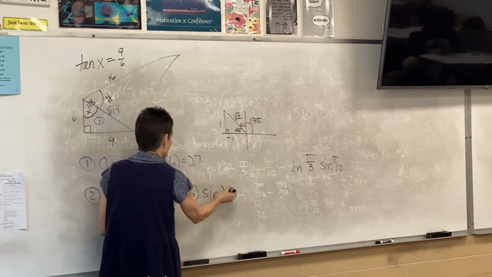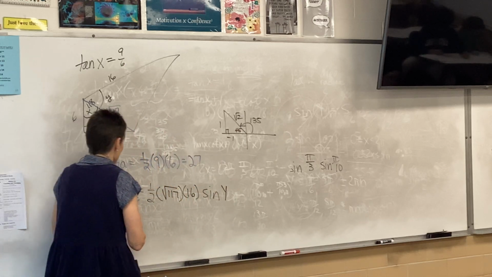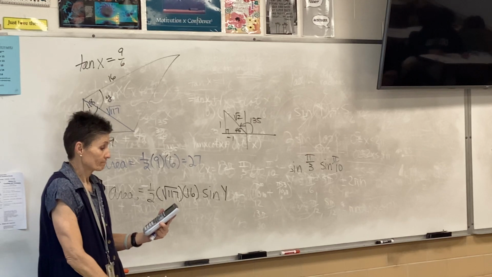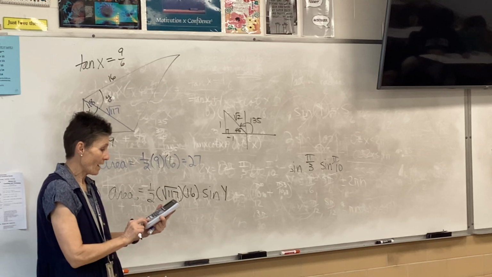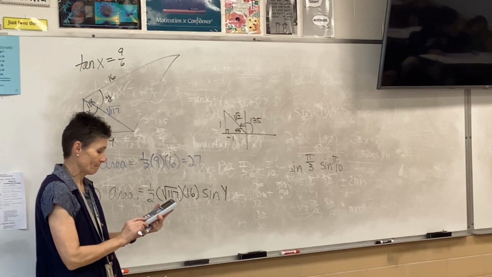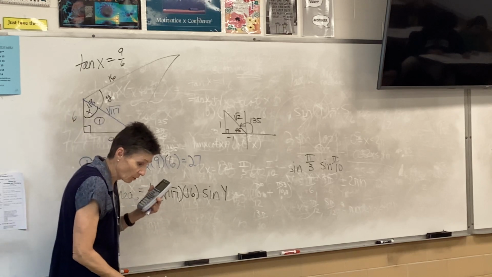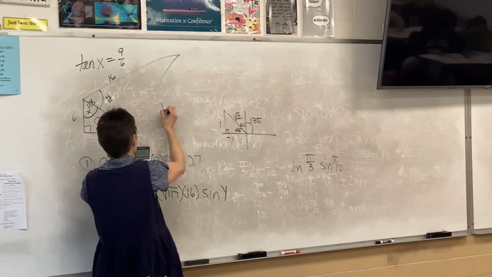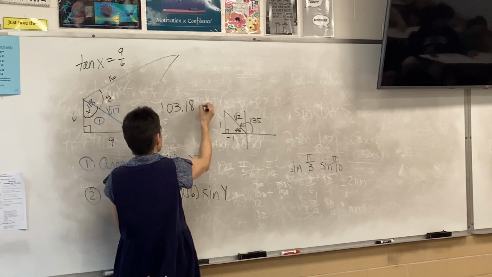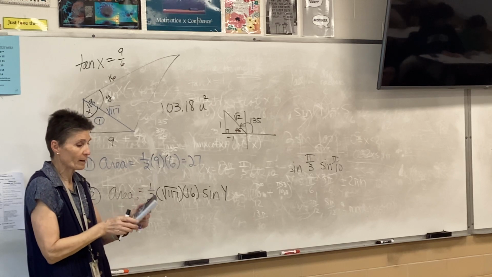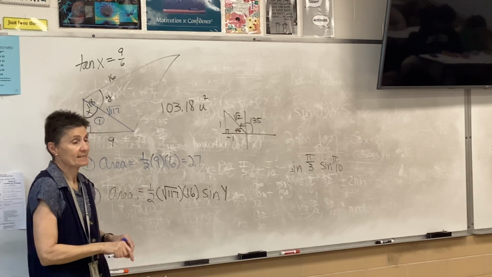And what did you come up with for the area of that triangle? 76.1. So we'll add that to 27, which was the area of the first triangle. And then the area of the whole thing is 103.18 units squared. Feet squared, inches squared, centimeters squared, whatever it is. That's the area.